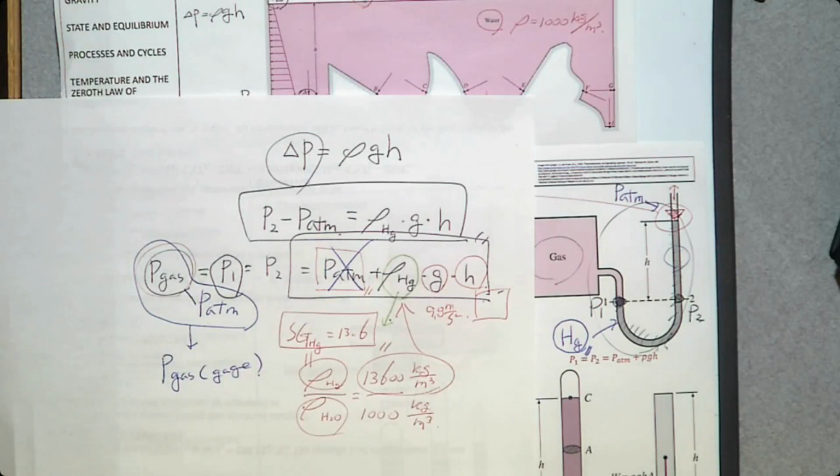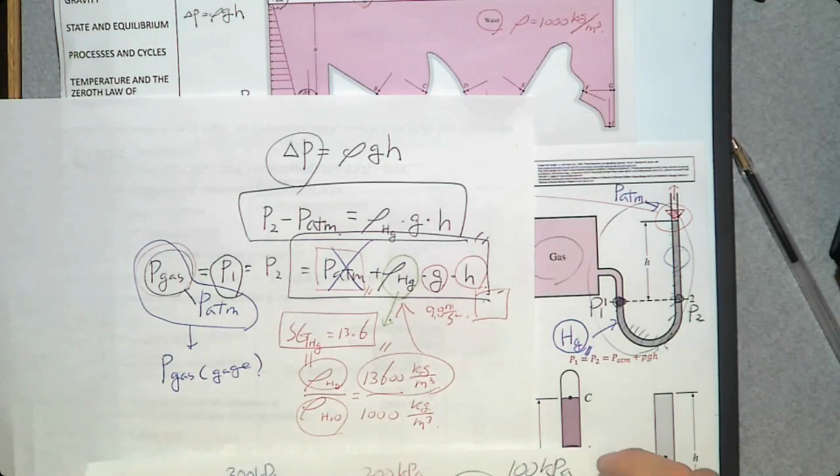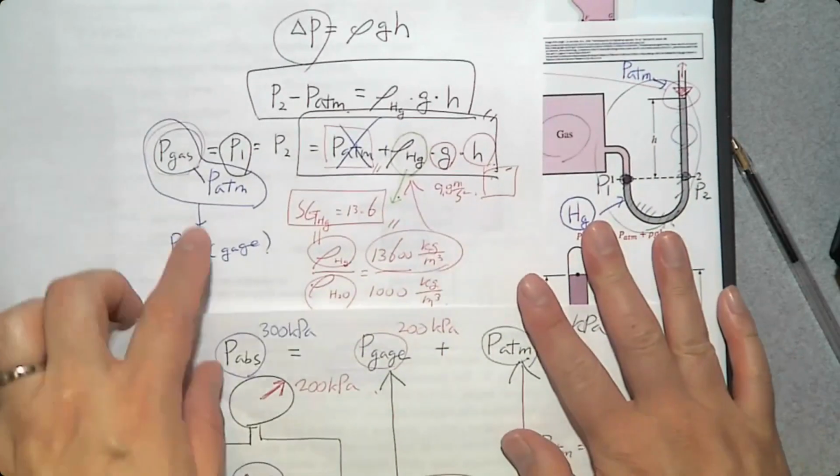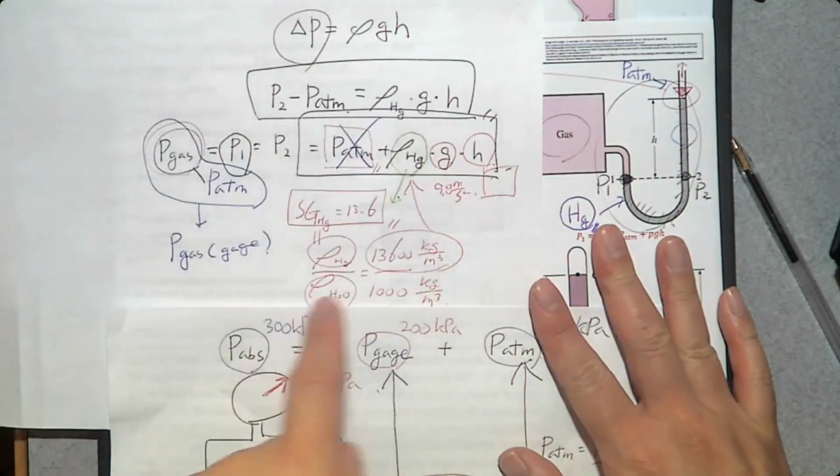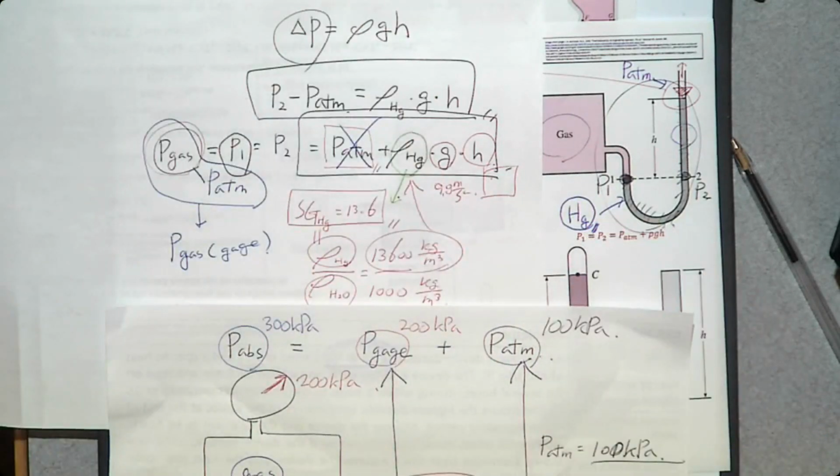So you can calculate gauge pressure by rho g h using a manometer. Okay? Any question? So by using this process, you can determine gauge pressure by a manometer.